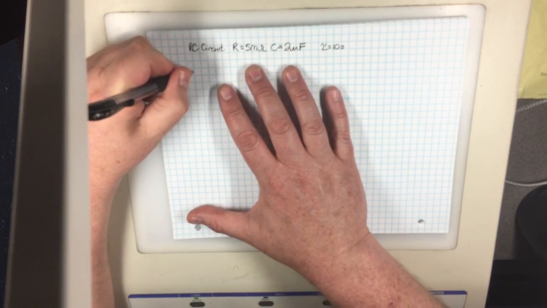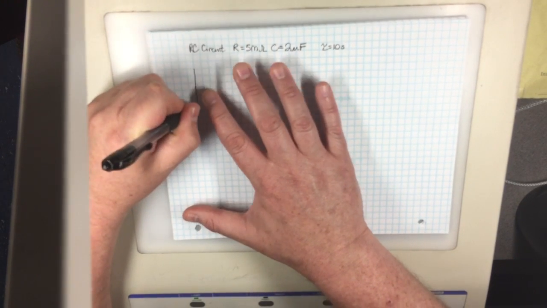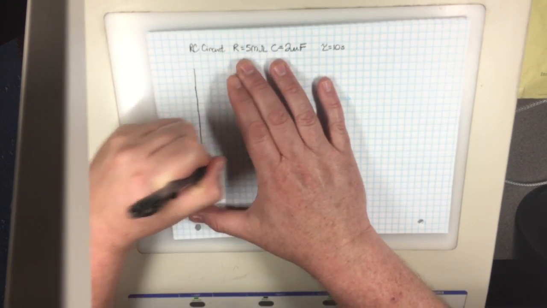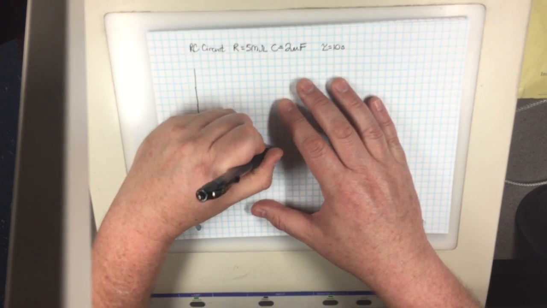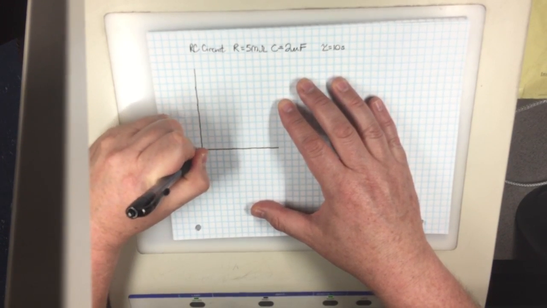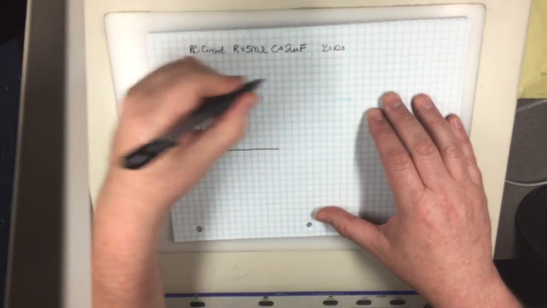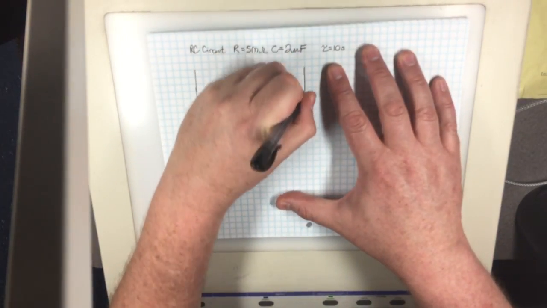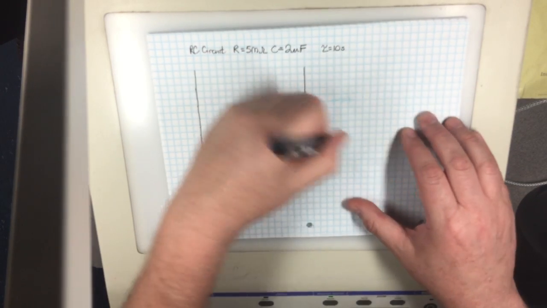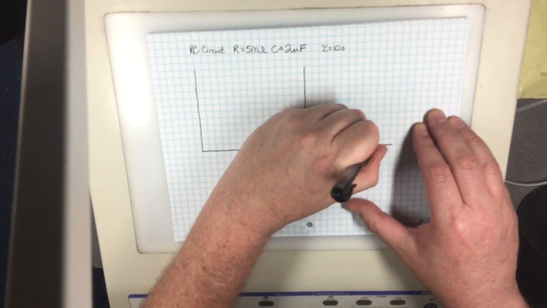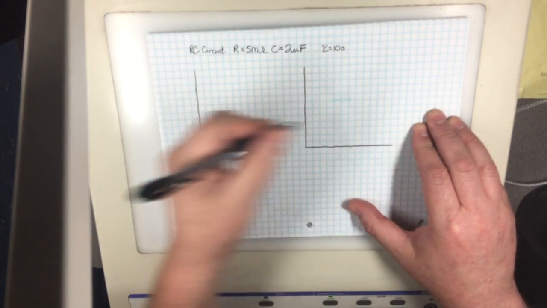So in the event of a charging situation, it's going to go up like this. In the event of a discharging situation, it's going to go down like that.